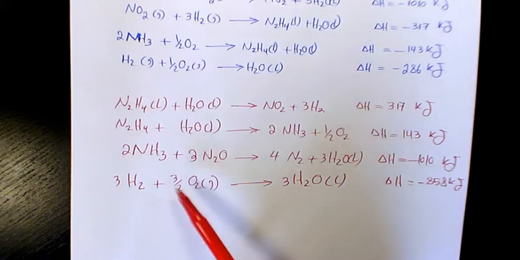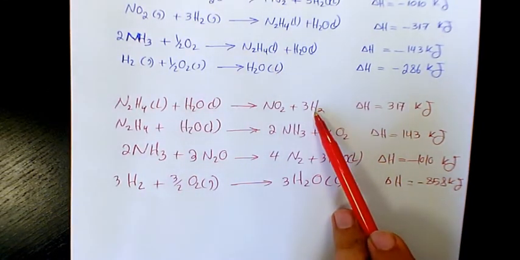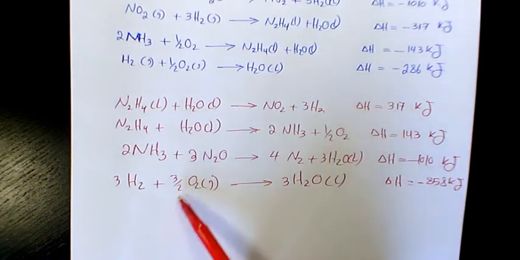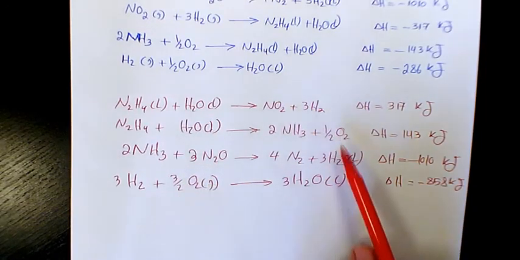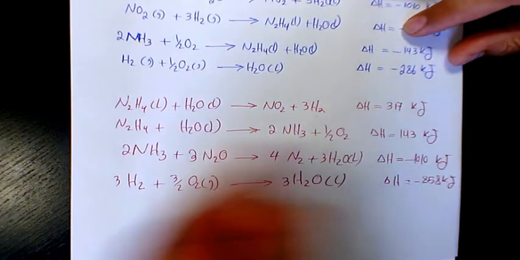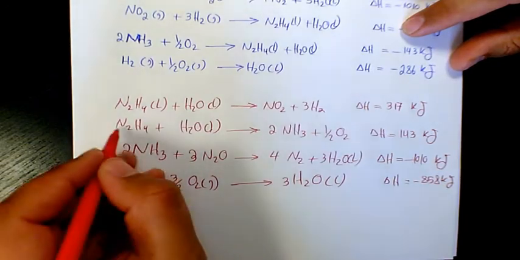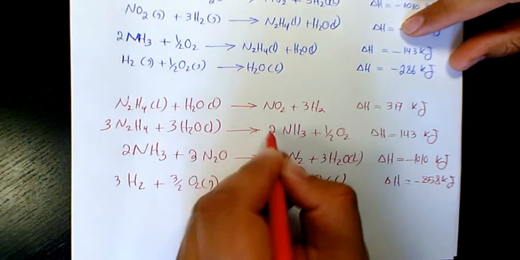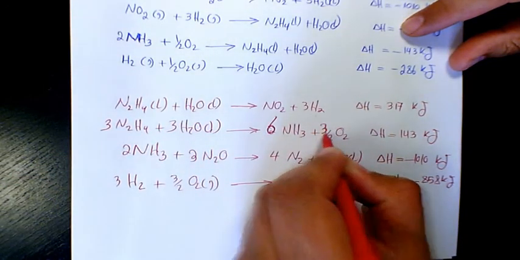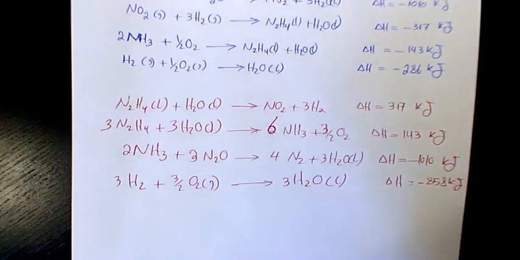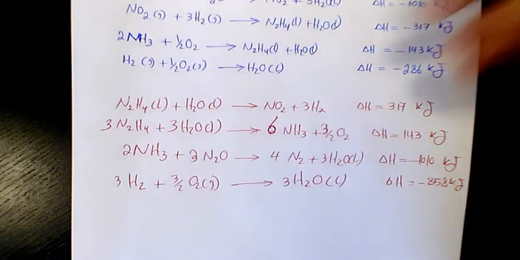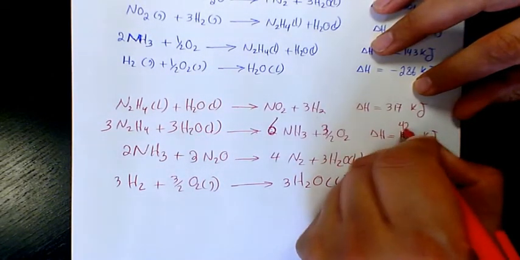Now I see I have 3H2 here, 3H2 here, but we have 3 over 2 oxygen. Here we have 1 over 2. So it means that I need to multiply the second equation by 3. 143 times 3 is going to be 429 kilojoules.